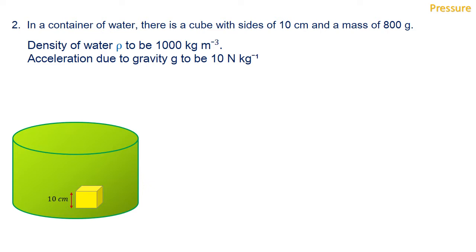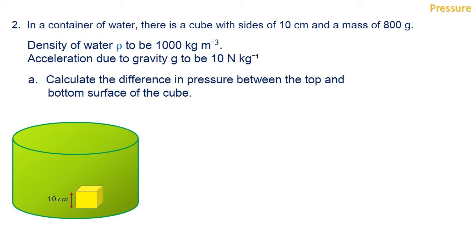Acceleration due to gravity g, to be 10 Newton per kilogram. Calculate the difference in pressure between the top and bottom surface of the cube.